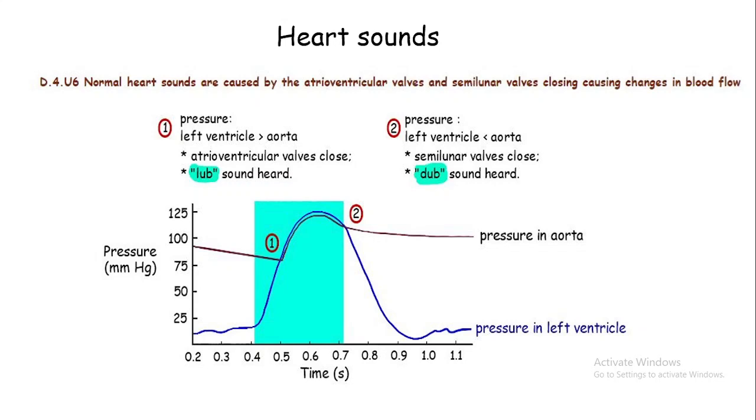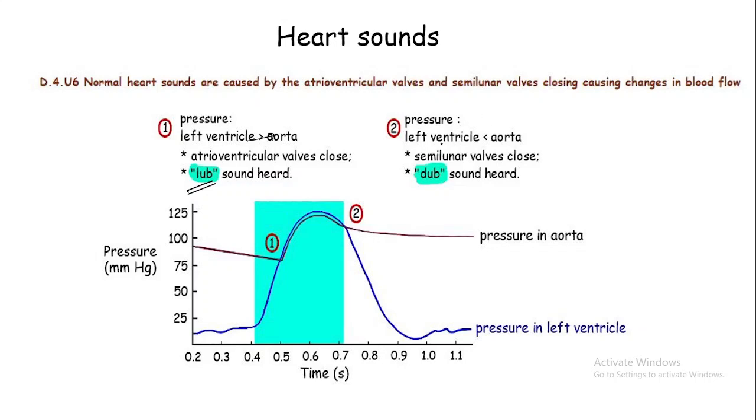Alright. So pressure in the left ventricle: blood from the left ventricle goes to the aorta. Atrioventricular valves close, resulting in the lub sound. So this is important: it is the atrioventricular valves that cause the lub sound.